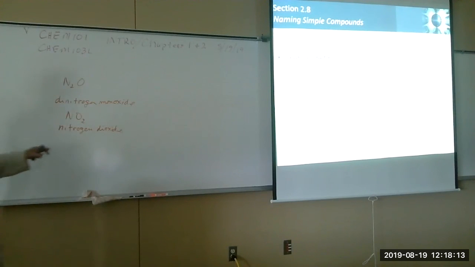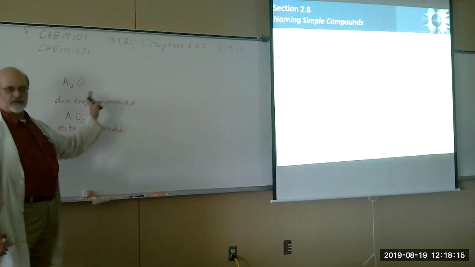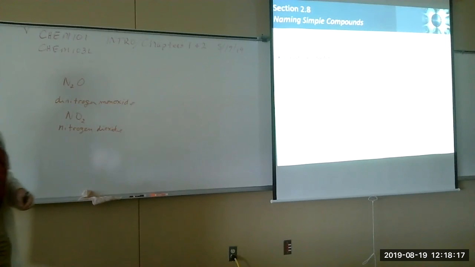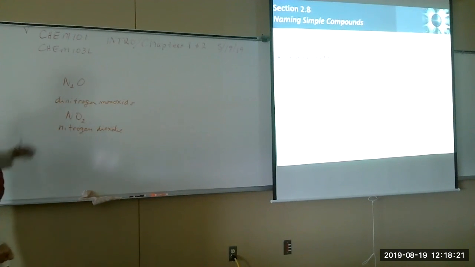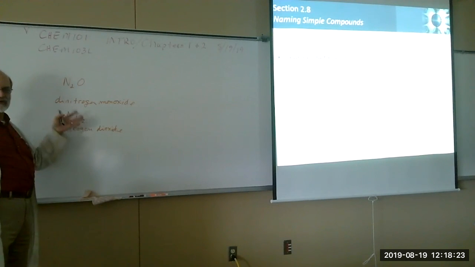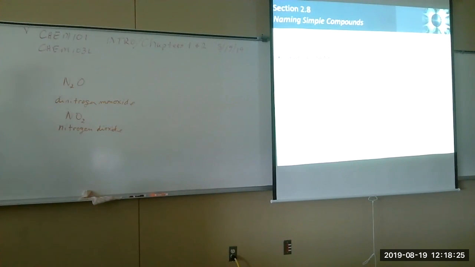You always say mono in the second part. So we're treating the nitrogen as if it were a cation and the oxygen as if it were an anion. Generally speaking, the one on the left is treated like a cation because it's closer to the metals. The one on the right is treated like an anion.